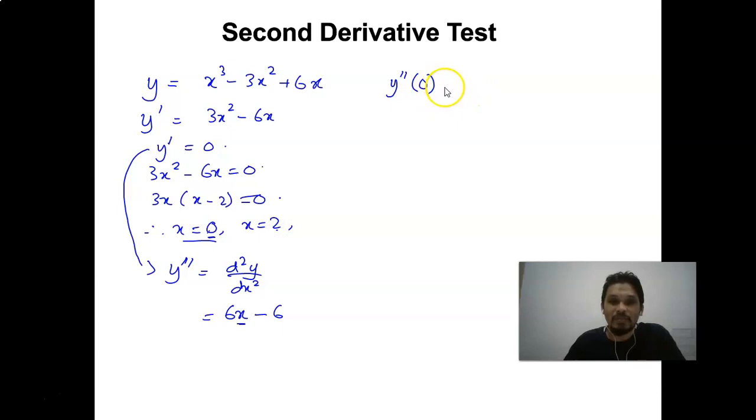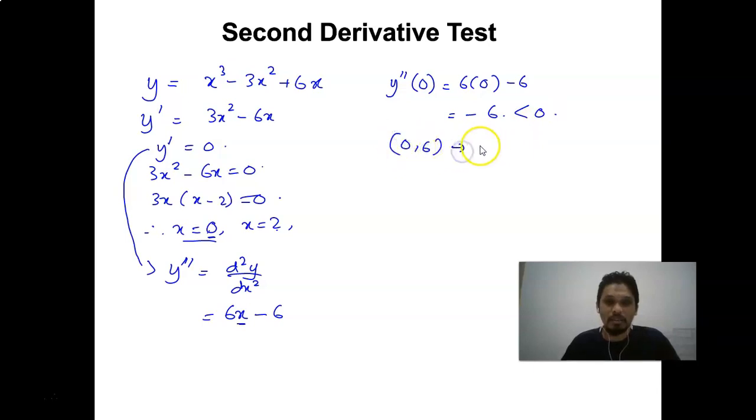So y double prime at 0 is 6 times 0 minus 6, which gives negative. When we come up with negative, which is less than 0, then the point (0, 6) is a relative maximum point.